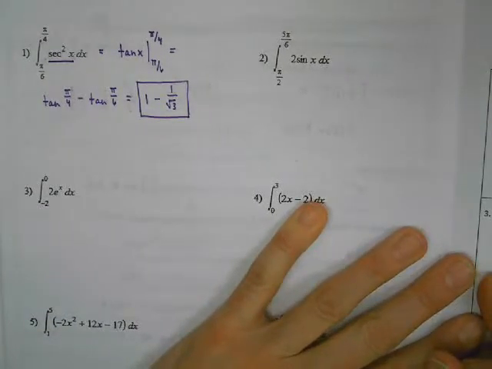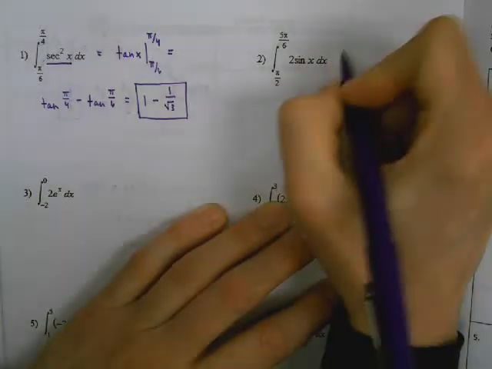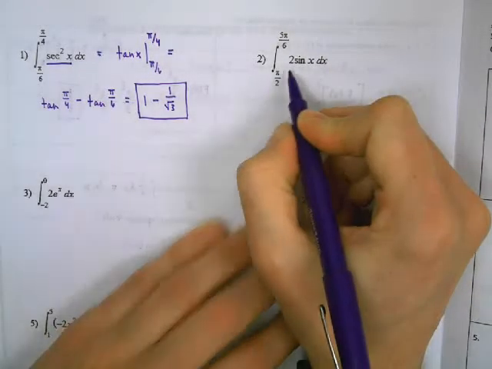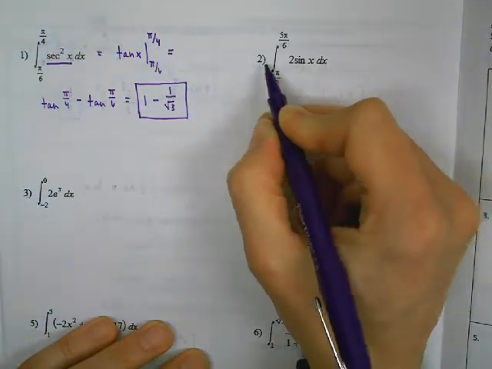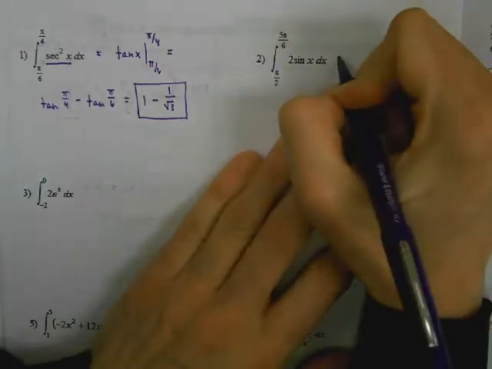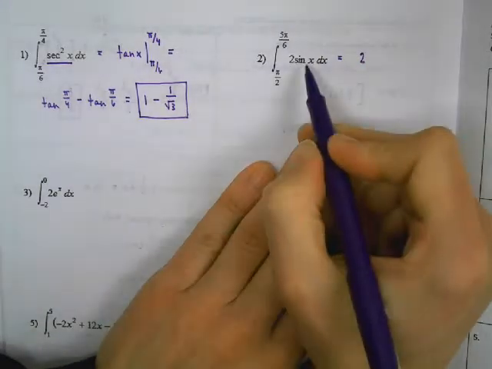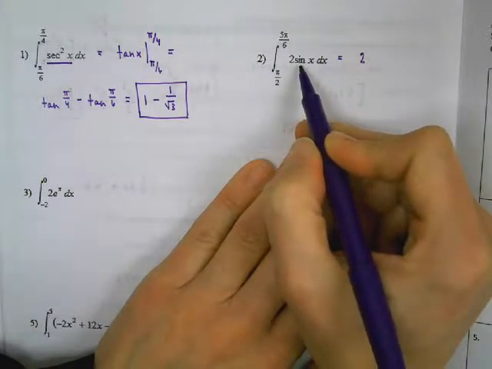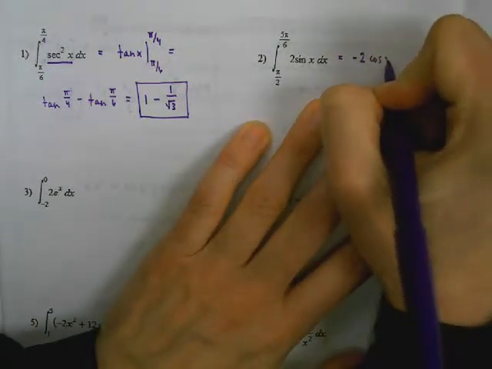Okay, so number 2 is another trig one. Here again, we have to be a little careful. Now, one of the properties here of integrals is that we can move that 2 in front of the integral. But really, I know that's not going to matter here, so I'm going to put my 2. Now, my antiderivative for sine, I know, is negative cosine of x.